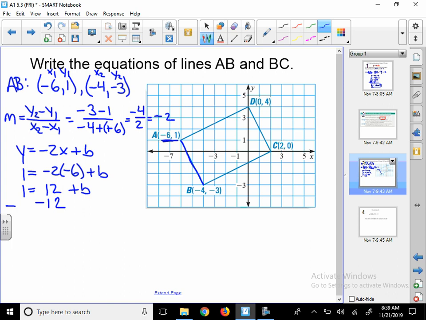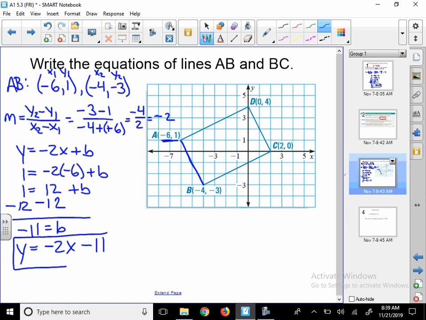Subtract my 12 from both sides, and I get -11 is equal to b. So that gives me the equation y equals -2x minus 11.